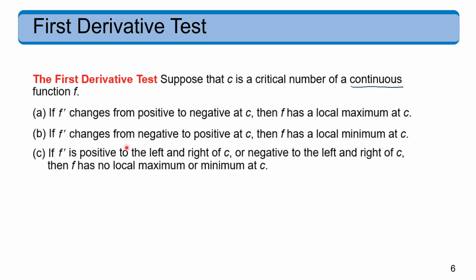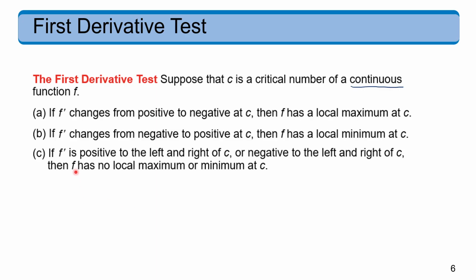Part B is the opposite. f prime changes from negative to positive. If f prime is negative, that means f is decreasing, and then f prime positive means f is increasing. So changing from decreasing to increasing, we've got a valley bottom or a local minimum at c.